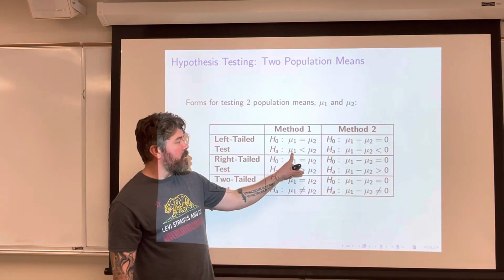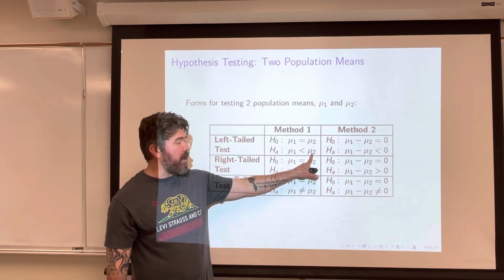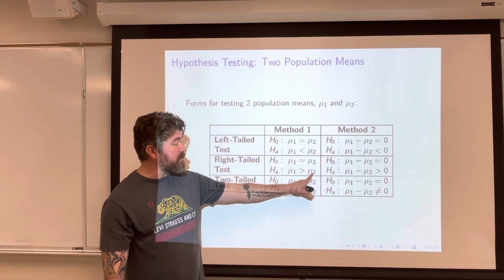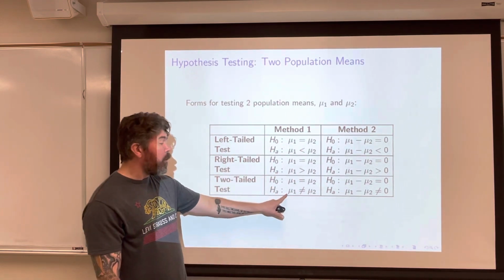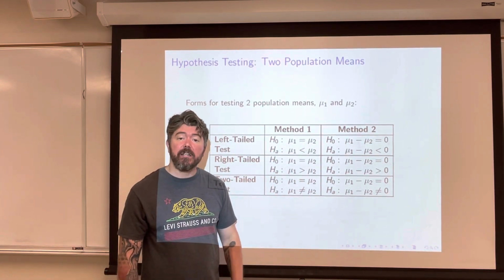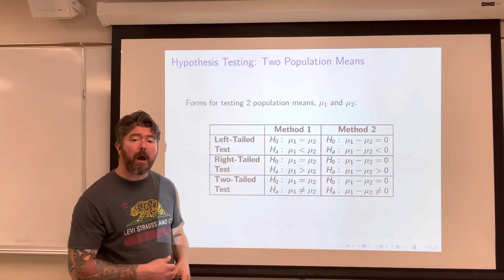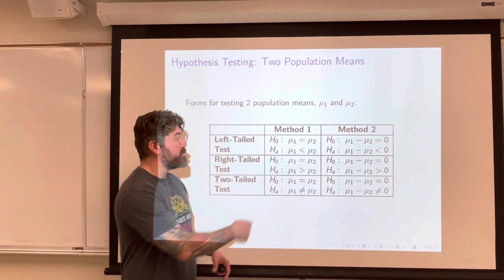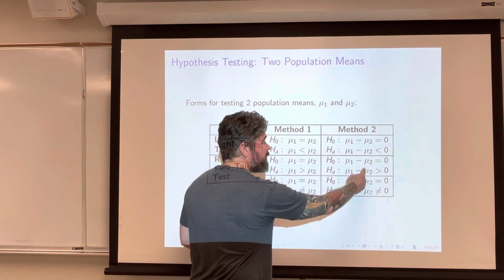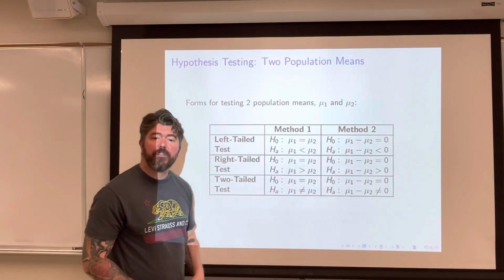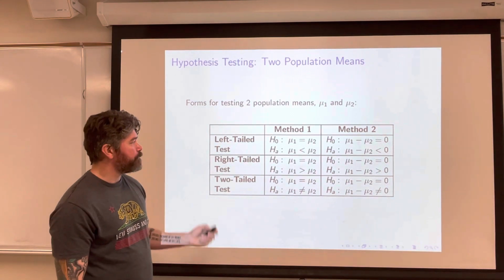So either the first mean is smaller than the second mean, the first mean is bigger than the second mean, or the first mean is not equal to the second mean. And again, using similar properties of equality, subtracting mu2 from each side, we get the following three statements.